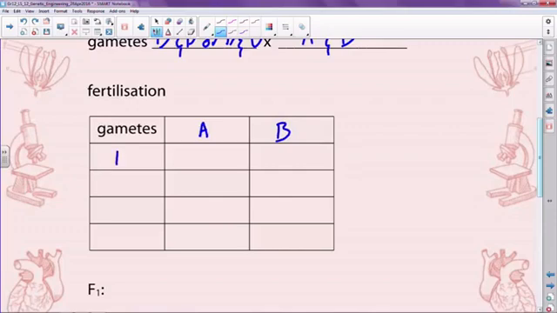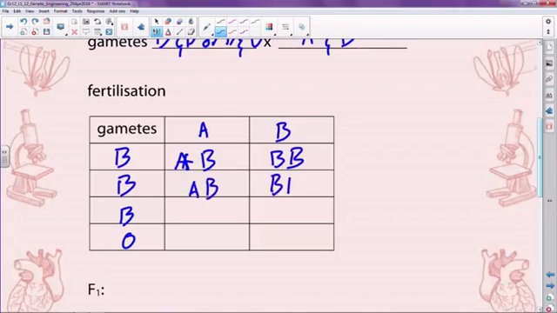And then I've got B, B, or I've got B, O. So let's have a look. It's AB, AB. Oh, that A is terrible. AB, or it is BB. It is AB or BB, it is AO or AO.